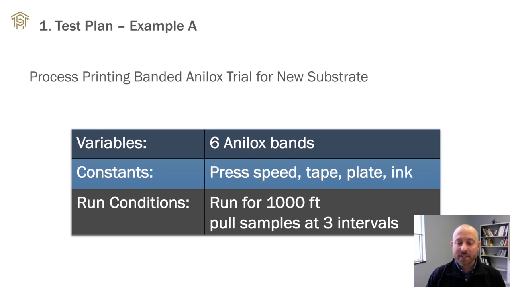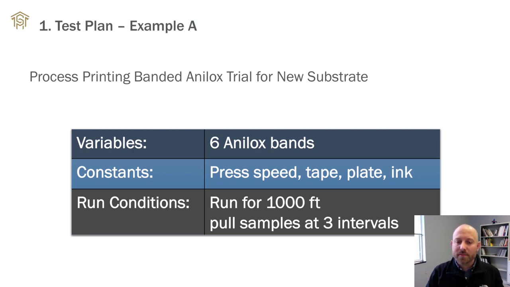And then the run conditions, how we're going to do this, would be to run 1,000 feet and pull samples at 3 different intervals. Because you don't want to just pull one sample and go off that one sample, because a job can change throughout a run. 1,000 feet is a pretty good example.